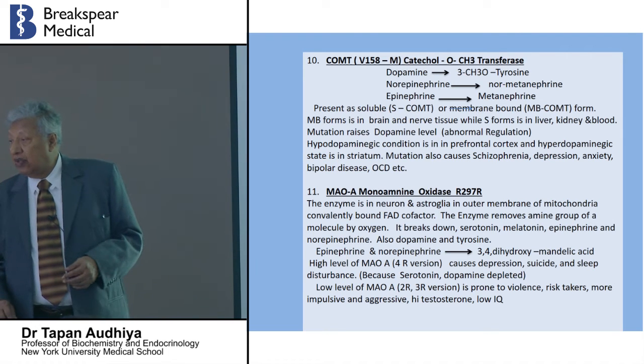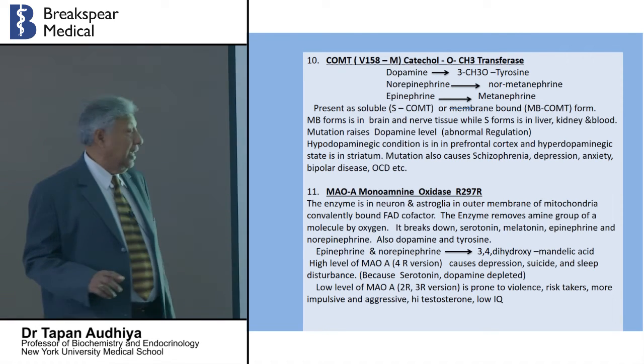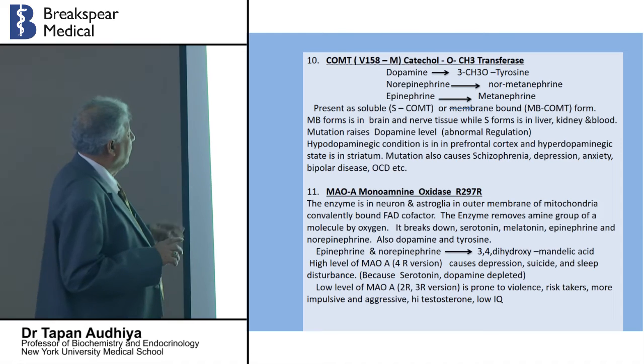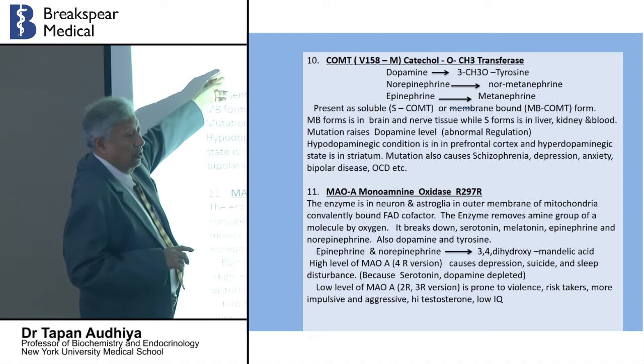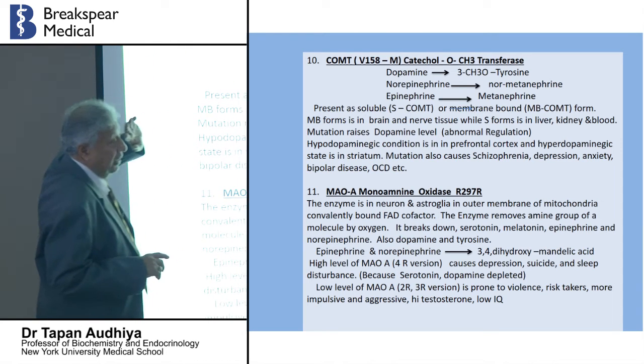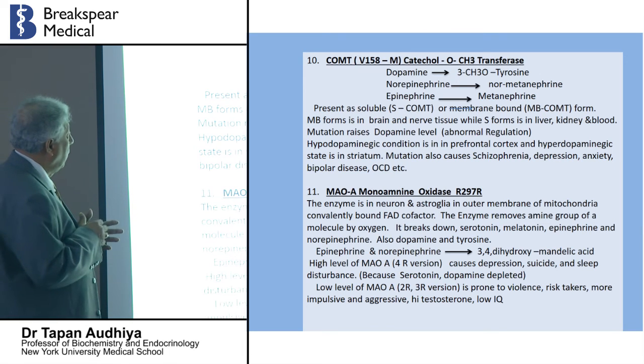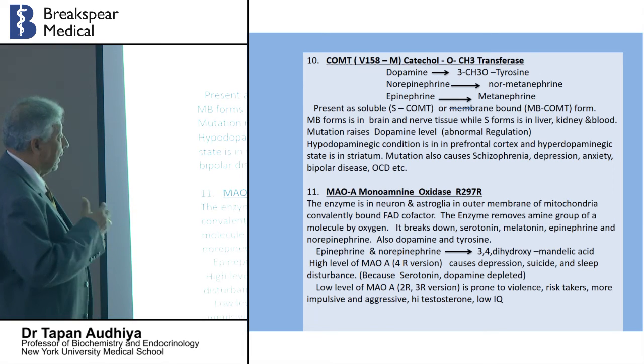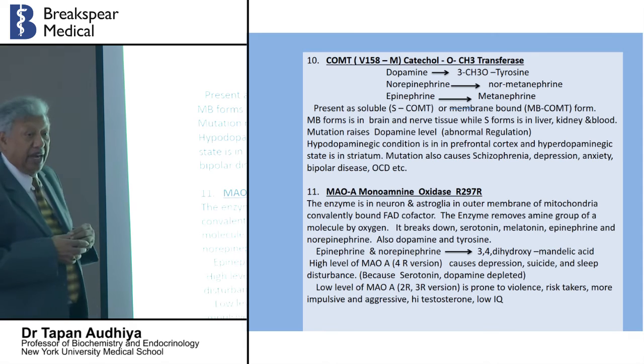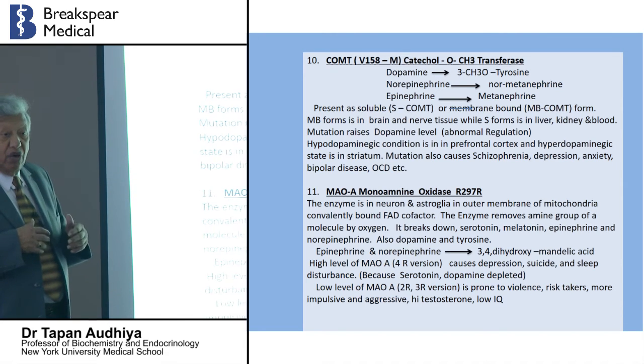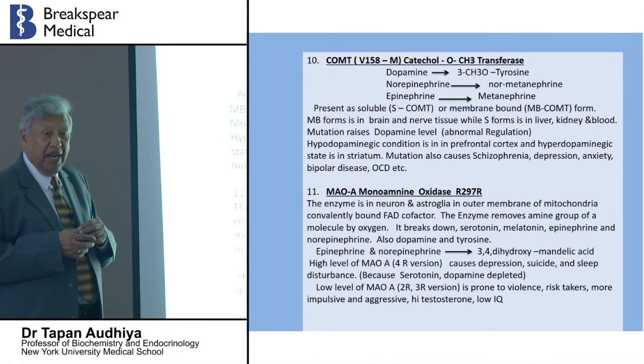Okay. These are the two enzymes. As I said, a mutation here is very common, particularly in people who work in paint factories, which have a lot of butane and butyl acetate.